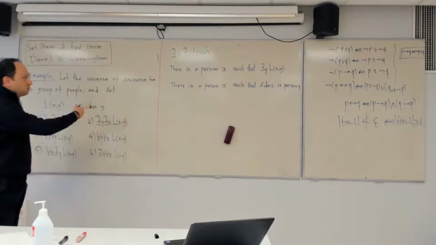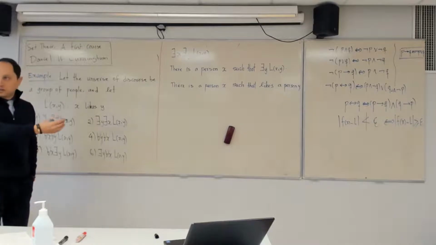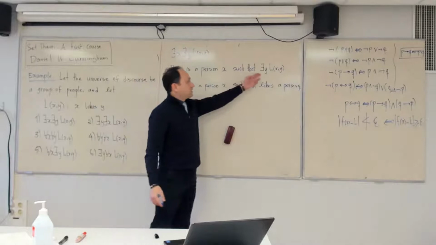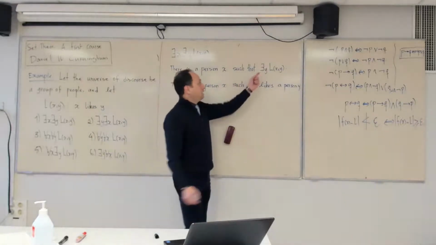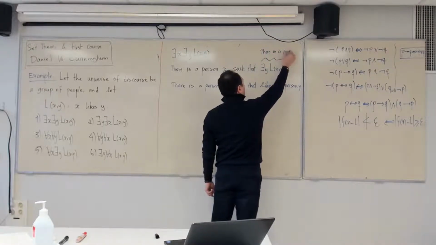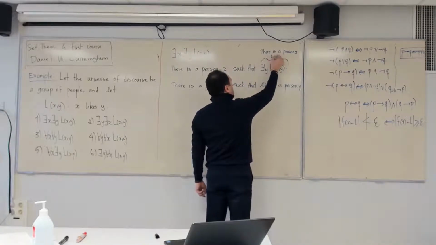But of course, this is more or less a mathematical way of expressing things. But as Alex said, this can be summarized into someone likes someone. So you see, there is a person X such that this happens. But what is the meaning of this? This means there is a person Y, L(X, Y).